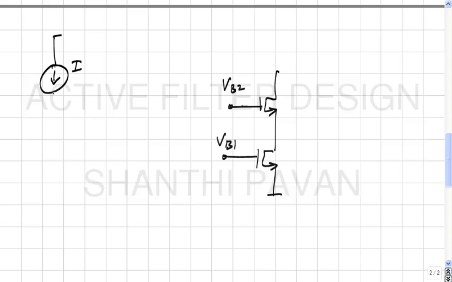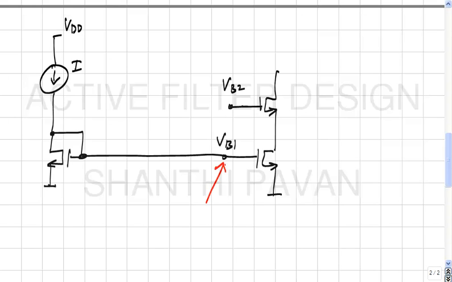In the simplest case, it is this, and assuming all transistors are the same size, what is this absolute potential? Vt plus delta V. It's good practice to keep using delta V, simply to avoid carrying over a square root of 2I by mu Cox W by L.